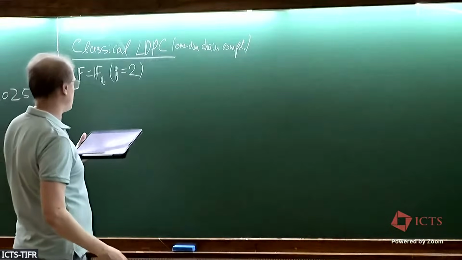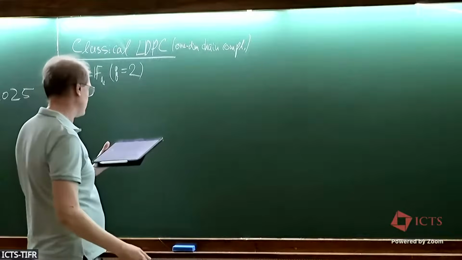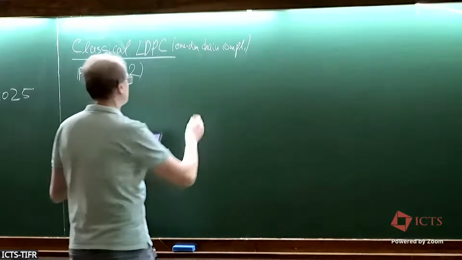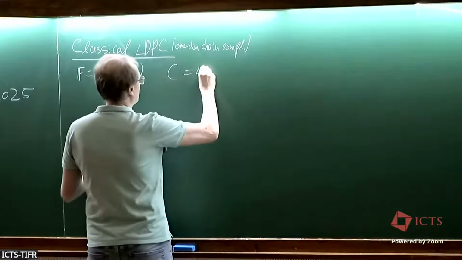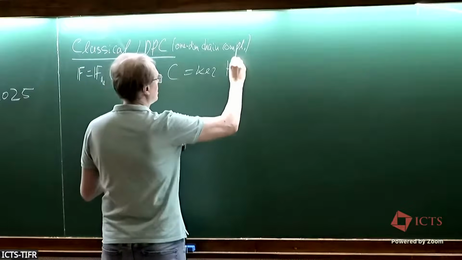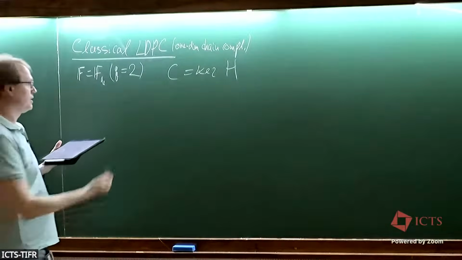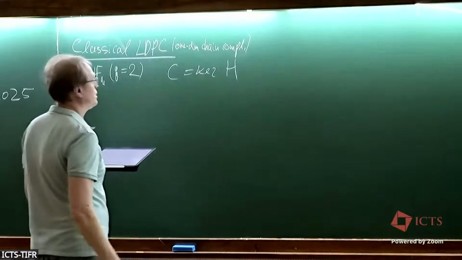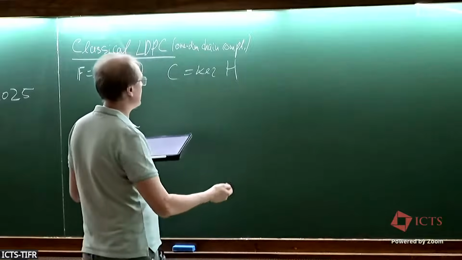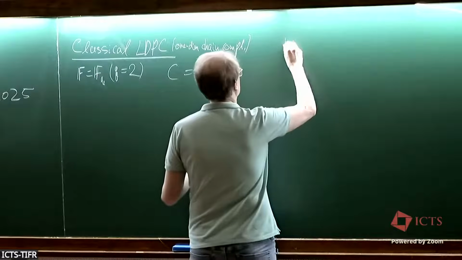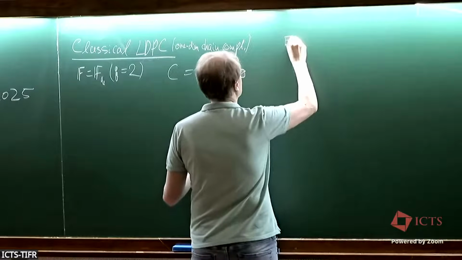And so we consider linear codes. And as you know, any linear code can be represented by its parity check matrix as a kernel of this matrix. Another way to represent a linear code is by using the so-called Tanner graph.